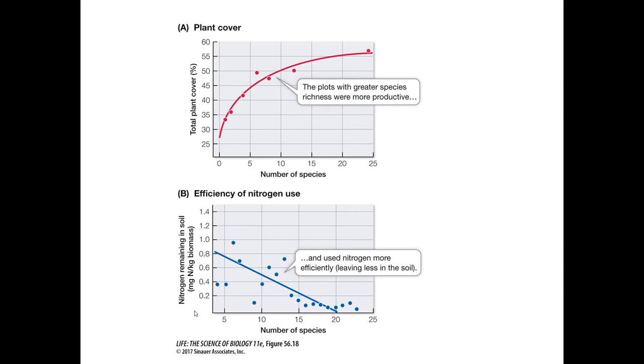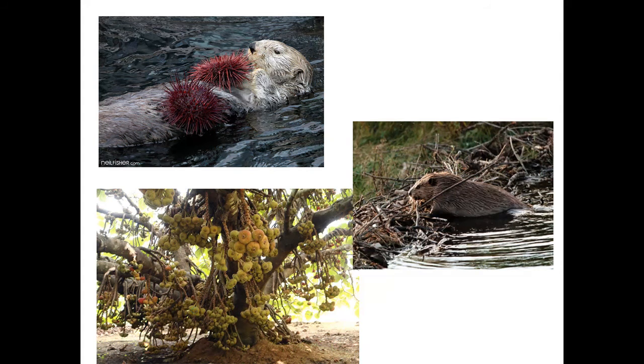So it's another measurement of how well our community is functioning. What we see here is that the more species you have, the more efficiently you are using nitrogen. You're pulling more of it from the soil. So we have more community function going on, and that is a good thing. Both of these represent the same idea, that more species equals a more healthy, functional community. So species diversity is good.